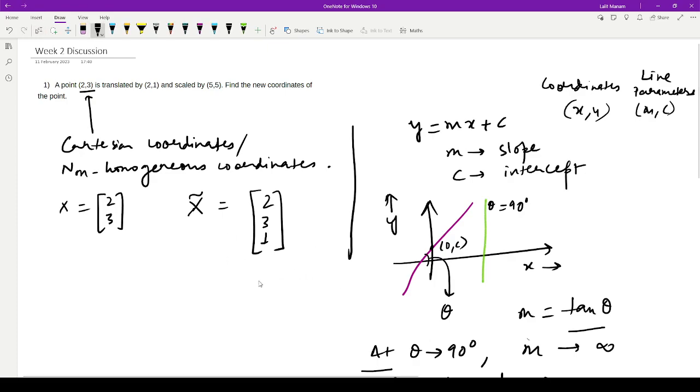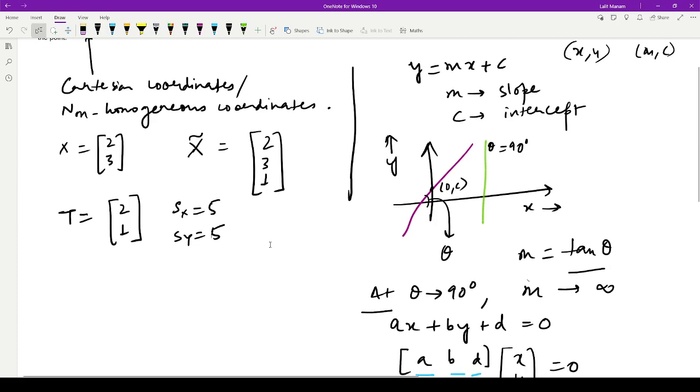We have a point (2, 3), whose homogeneous coordinates are (2, 3, 1), translated by (2, 1). So what is your translation vector? 2 and 1, and the scale factors are sx is 5 and sy is 5.